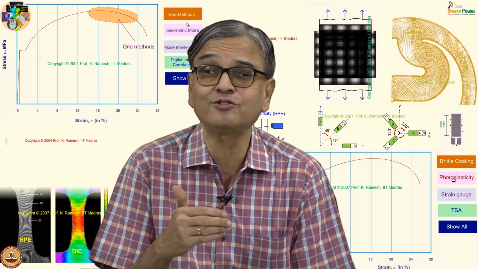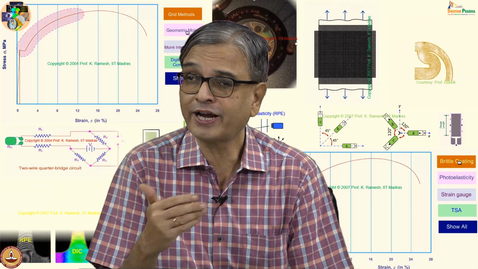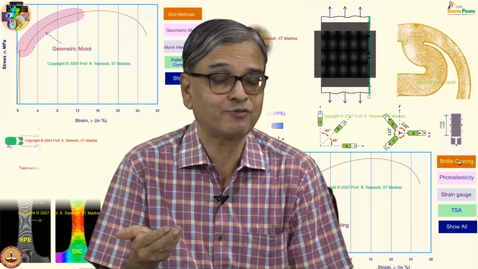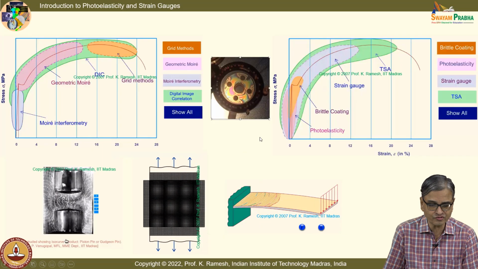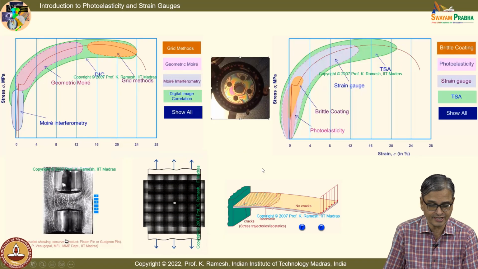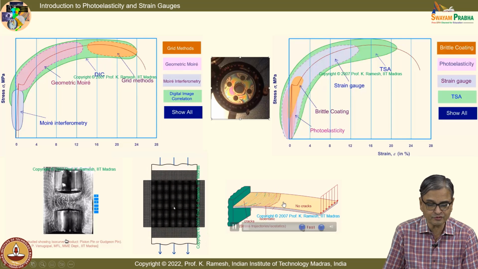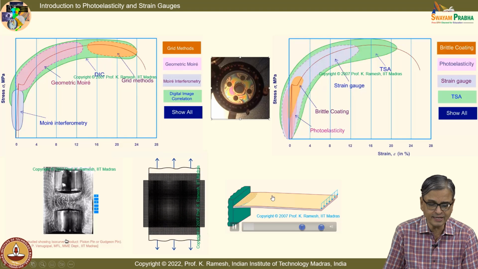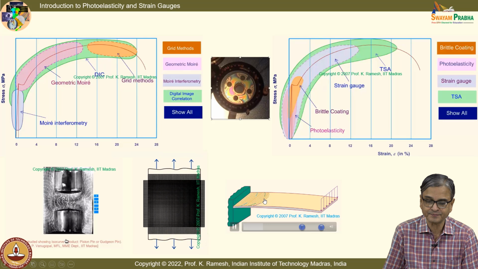Here, crack is used as a measurement tool to find out what is the level of strain introduced, and it is used in conjunction with strain gauges. That is what we are going to discuss in detail. So, the idea is you can minimize the number of strain gauges if you know the direction of the principal strain at that point of interest.